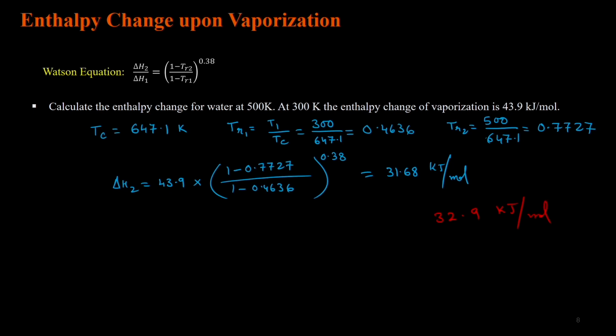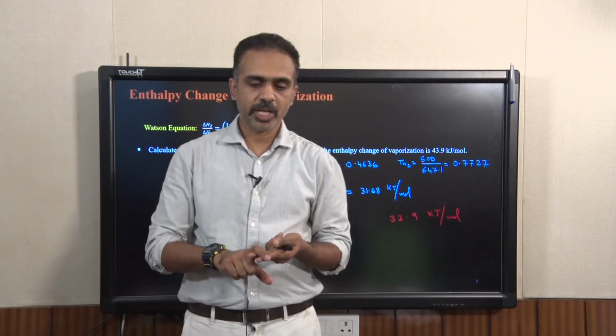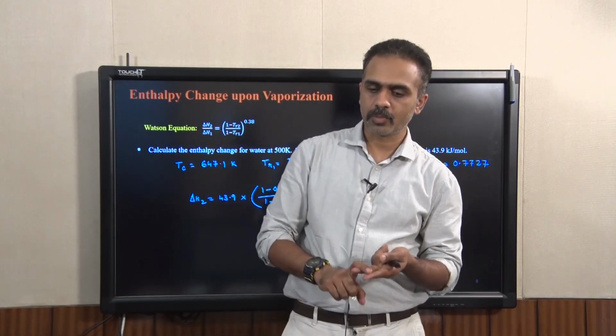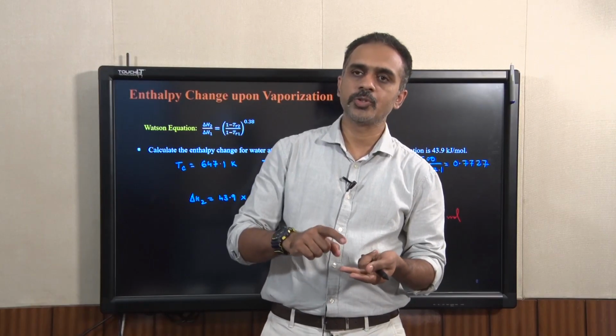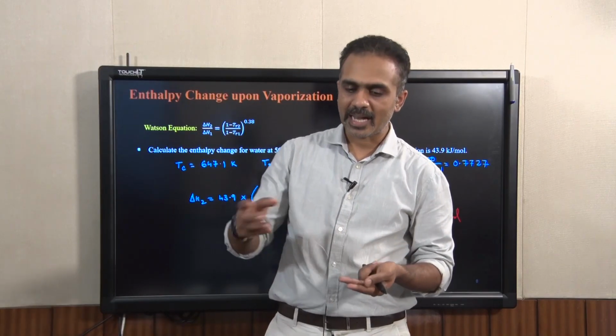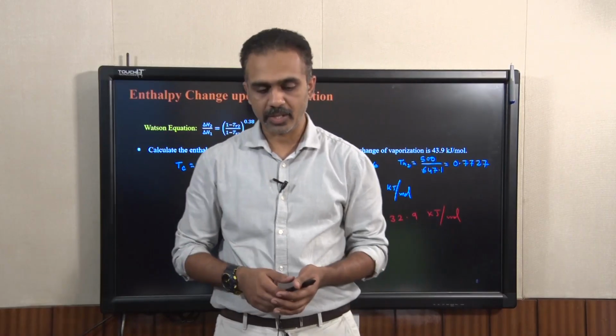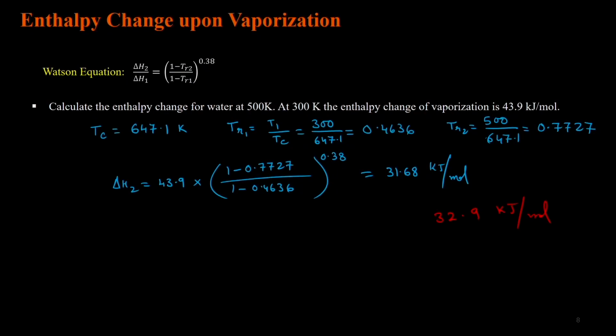So then let's summarize what we have done so far in today's lecture. We looked at calculation of the liquid molar volume at saturated condition and at other conditions using the correlations. We also looked at enthalpy change due to vaporization at its normal boiling point, as well as enthalpy change due to vaporization at temperatures other than the normal boiling point, right?